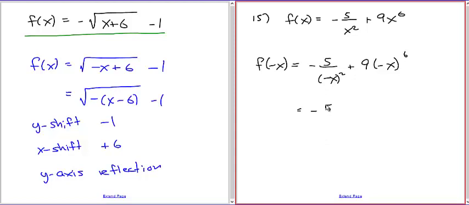So the quantity negative x squared simplifies down to positive x squared. Likewise here, negative x to the 6th power, because it's even, just becomes x to the 6th power. And you can see that f of x equals f of negative x, which is the requirement for even. So if you can show that, then you can say it's even.